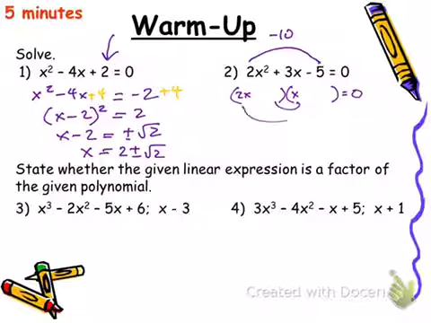We need the inside and outside terms to be 5x minus 2x, which means this term over here needs to be negative 1, and this term here needs to be positive 5, and that gives me negative 5, so I'm good to go. The 2 roots there are negative 5 over 2 and positive 1.